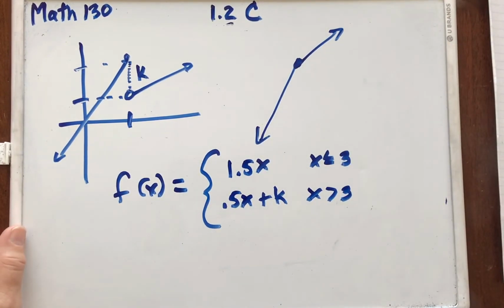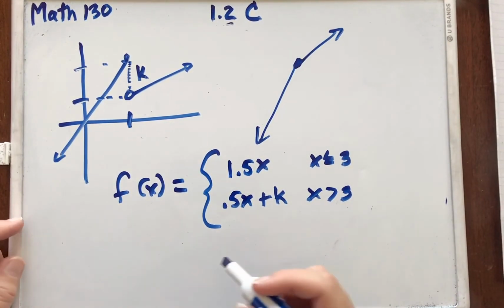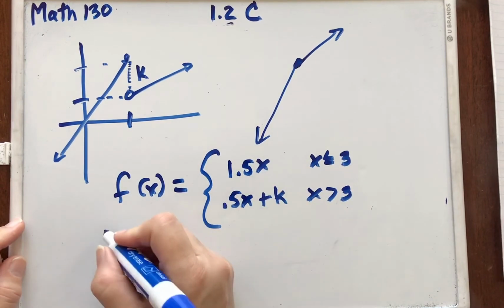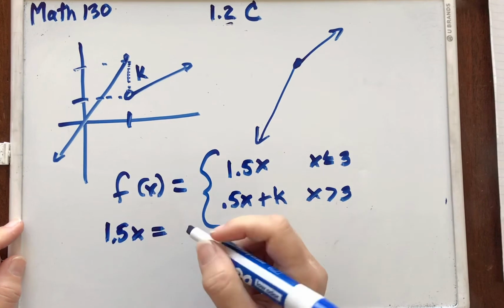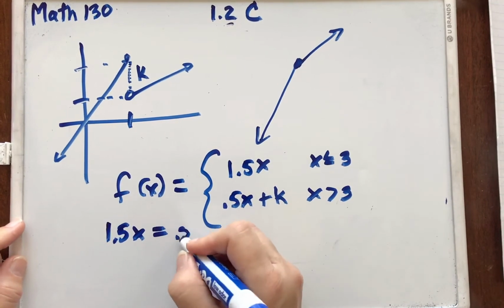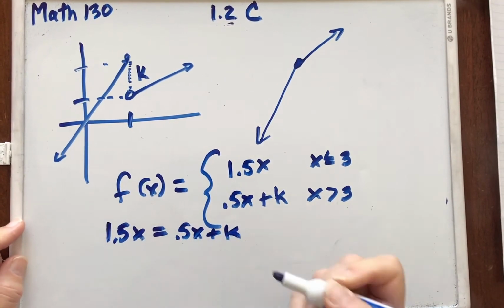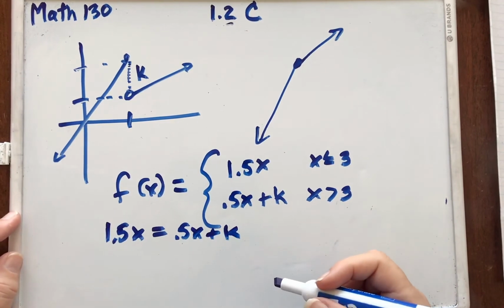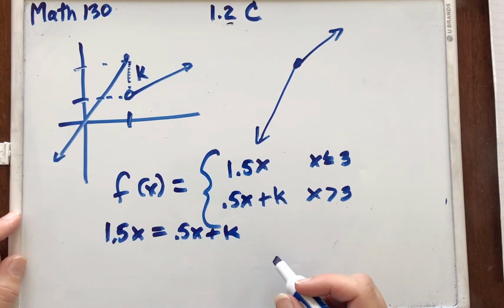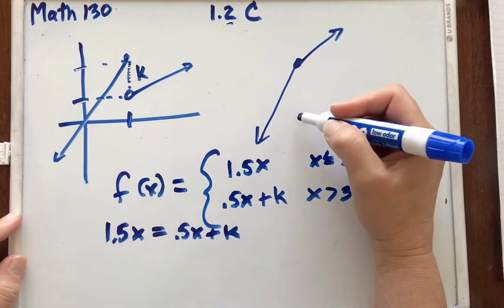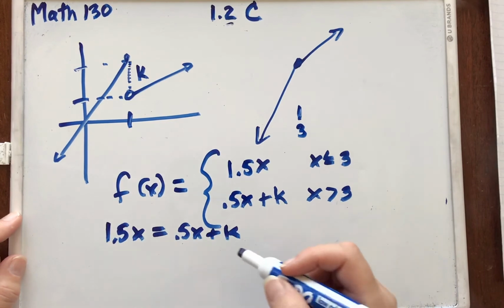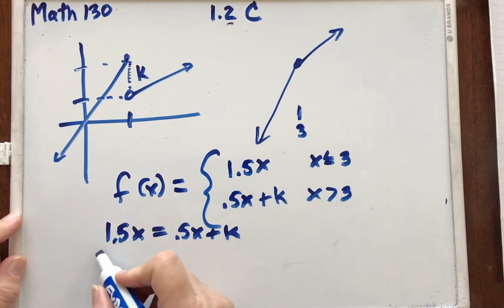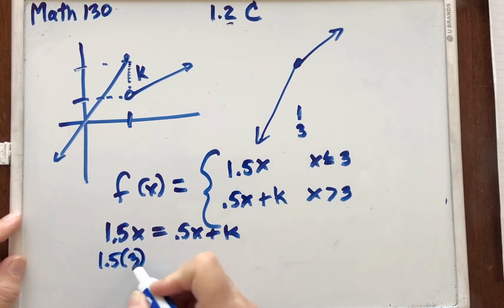Now what is k? The way to find that out is we're going to take both of these and set them equal to each other. 1.5x equals 0.5x plus k. Okay, this will help us to find k. All right, now we notice this is at 3, right? So we're going to put 3 in there, and we get 1.5 times 3.